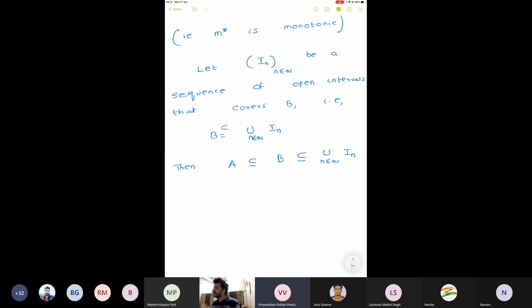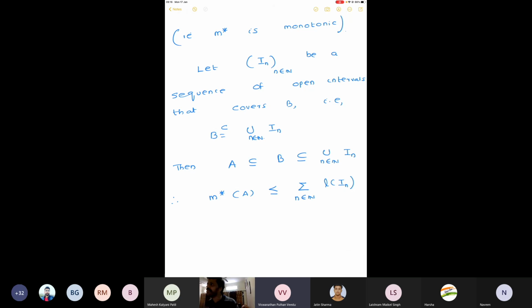So any cover consisting of open intervals for B is automatically a cover consisting of open intervals for A. And therefore, M star of A, by definition, it is an infimum, will be less than or equal to the summation over n belonging to N of L of I_n. Yes or no? Yes, sir. And what is I_n?